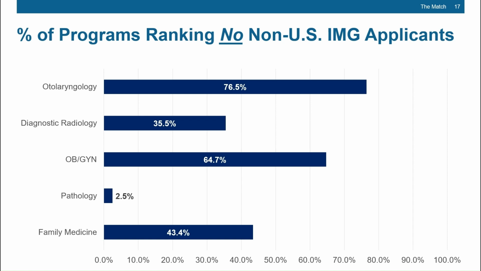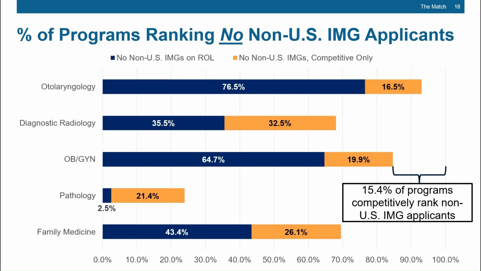We also see similar percentages of OBGYN programs ranking no non-US and no US IMGs. In family medicine, we see the percentage of programs ranking no non-US IMGs is nearly double those that did not rank US IMGs. This is a comparison of about 43% to 24%.